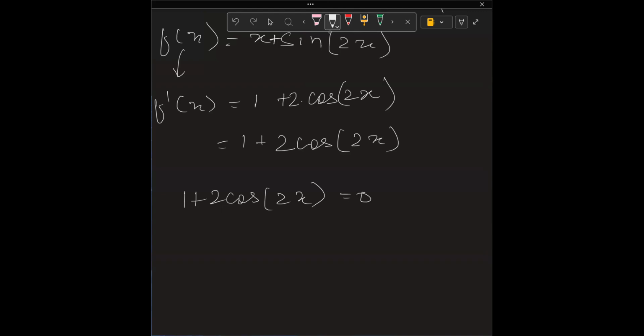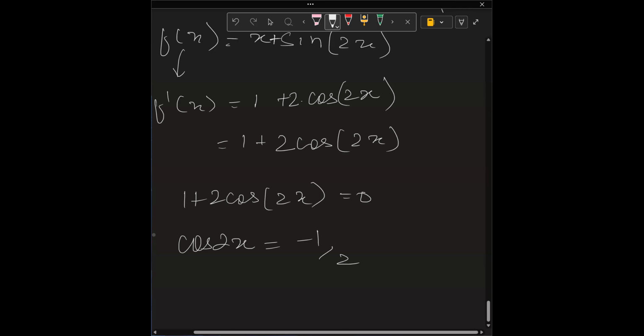The derivative should be equal to 0, because I told you derivative means there is a change, and if there is no change, then definitely your derivative is going to be 0. So just substitute this. What you are getting from this is cos of 2x equals minus 1 by 2.